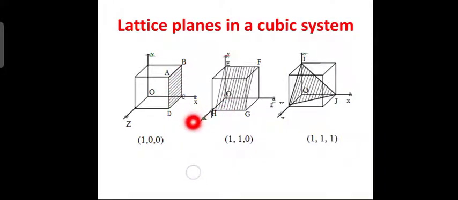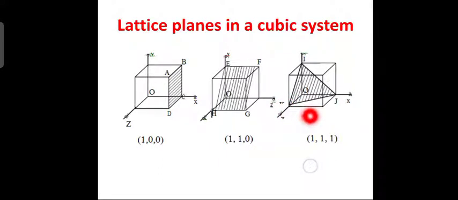Now the second figure indicates intersection along the x axis and then the y axis, 1 1 0. So along the x axis unit intersection, along the y axis unit intersection. So, that is abbreviated as 1 1 0. Alright.